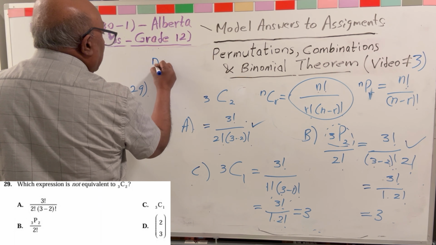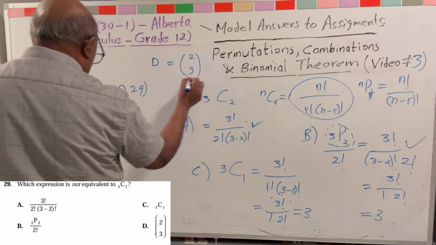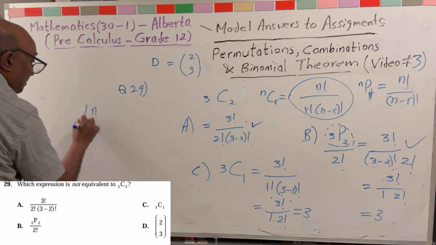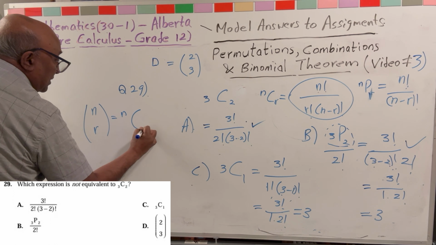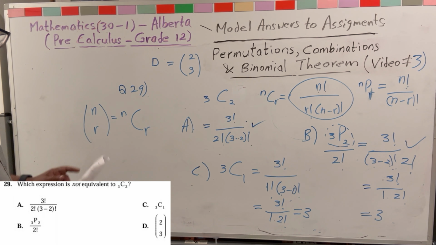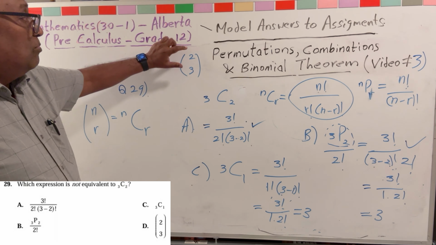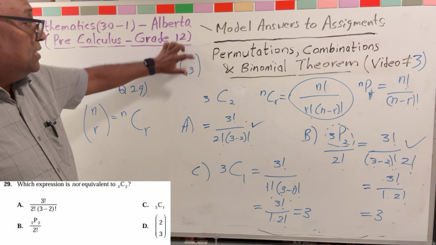D is giving some nuisance thing actually. Remember these two notations are the same, nCr. Some people are using this notation. The notation is right, but n and r are different. n should be located here.